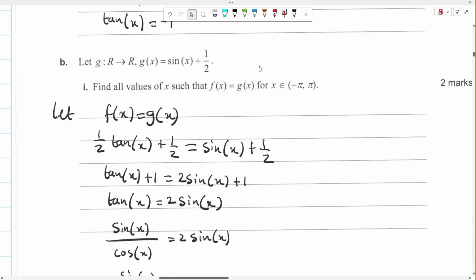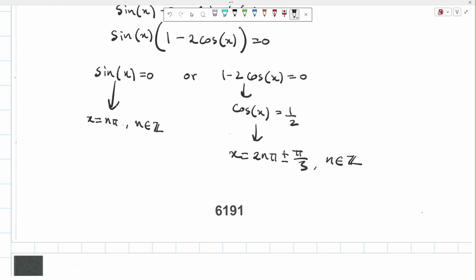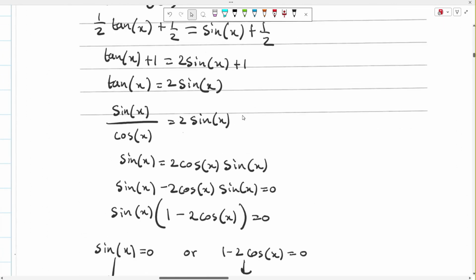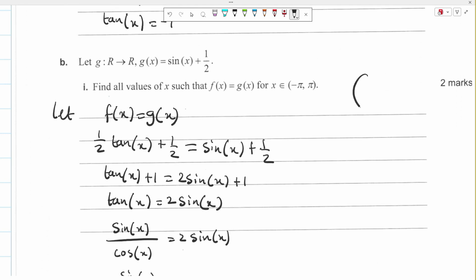So we're solving this in the domain negative pi to pi. So let's just plug in a few values. If n is equal to 0, then we get x is equal to 0 from this one, or x is equal to plus or minus pi on 3.